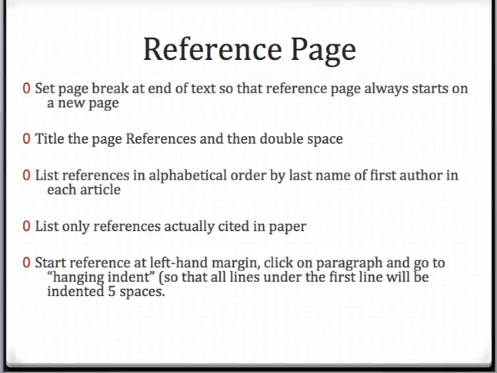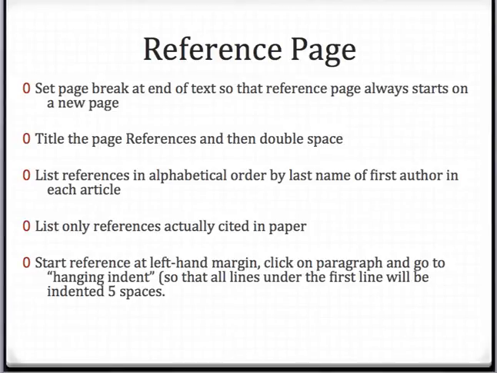The reference page is the final page of the paper. I recommend that you set a page break at the end of the text so that it does automatically begin a new page. Do not simply double space after the end of your text until a new page emerges. Title the last page References.